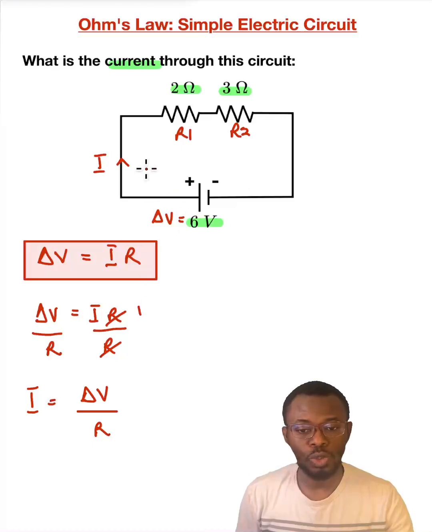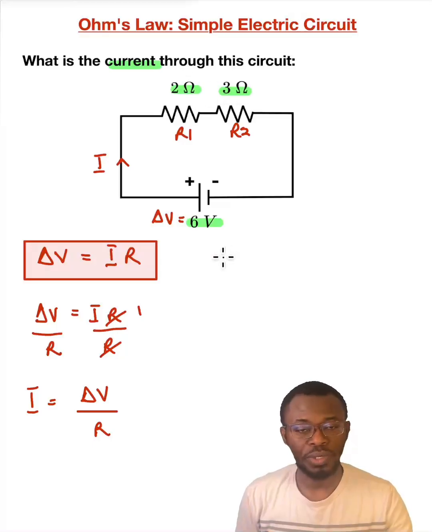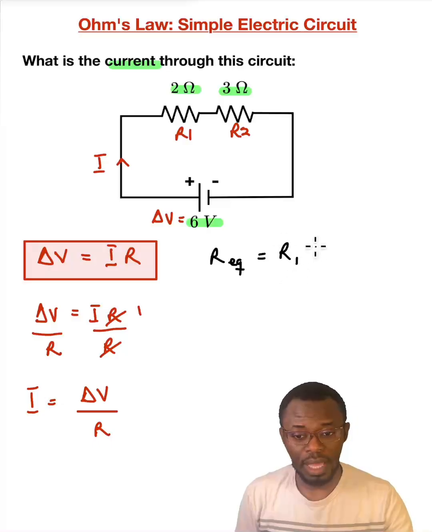However, for this whole circuit, the total resistance is going to be due to these two resistors in series. And for 2 or more resistors in series, the total or equivalent resistance is going to be the total sum of the individual resistors. So we have R equivalent, which is total resistance, is going to be R1, the value for the first resistor, plus R2, the value for the second resistor.